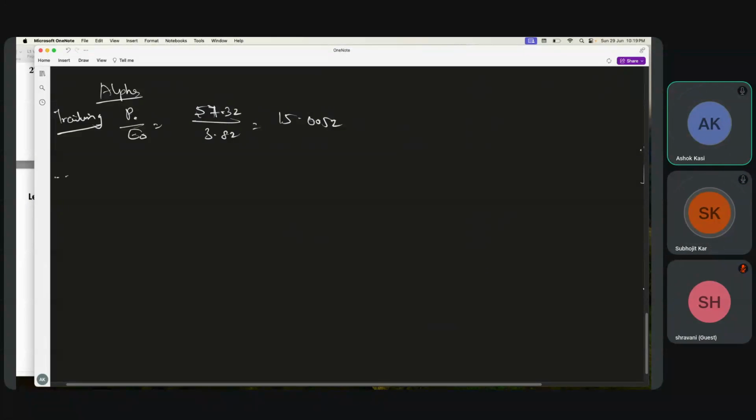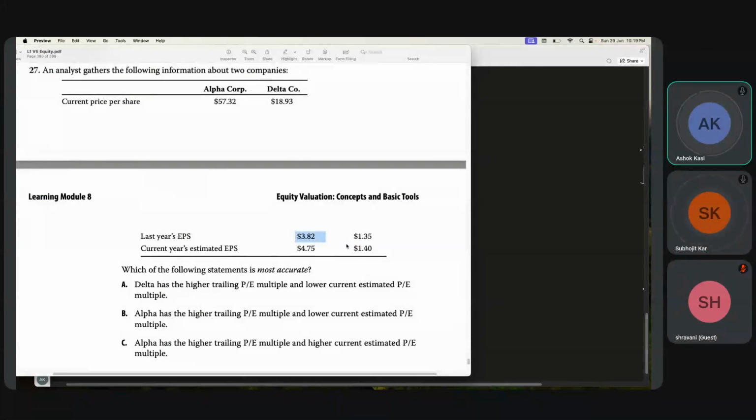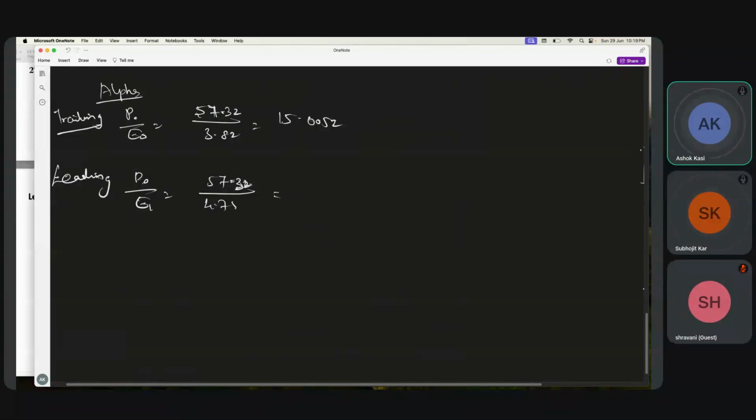And leading means estimated. So price is the same. It's 12.0673. Earning is 4.75, current year's estimate. 12.0673.